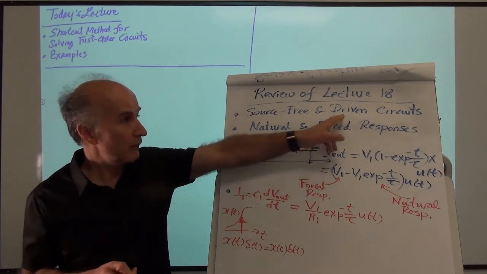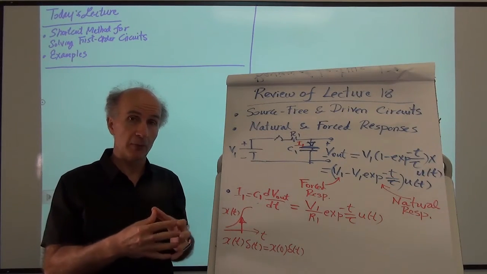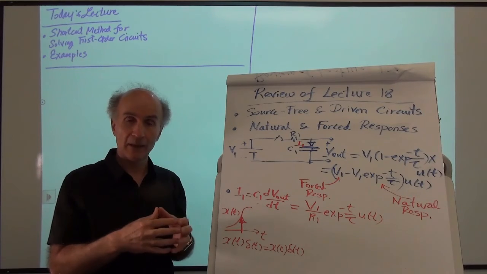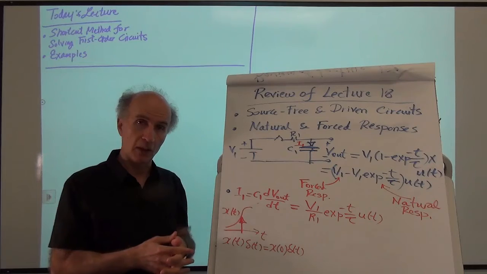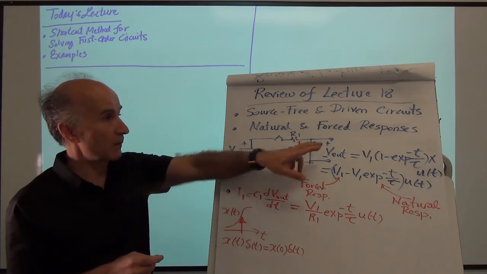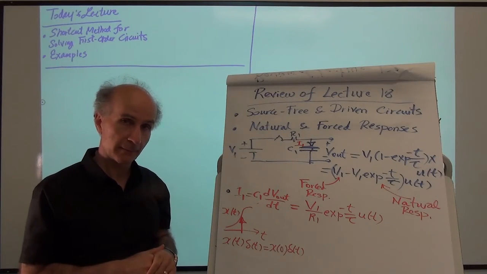Then we talked about driven circuits, and we saw that these are circuits that have an explicit input, something from outside, a voltage source or a current source. And that input is disturbing the circuit, and now the circuit has to respond. And we saw that in that situation, the response also contains a forced component.